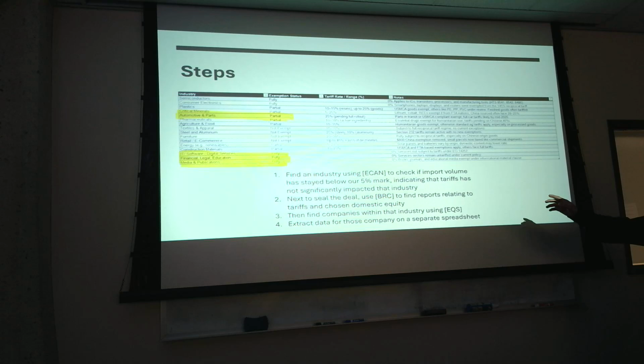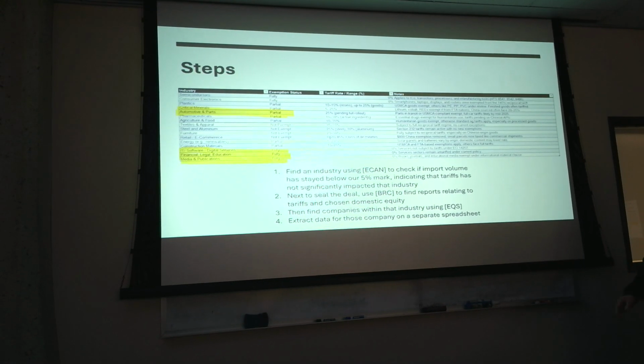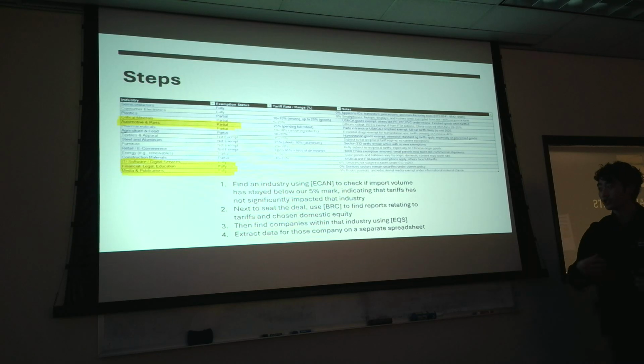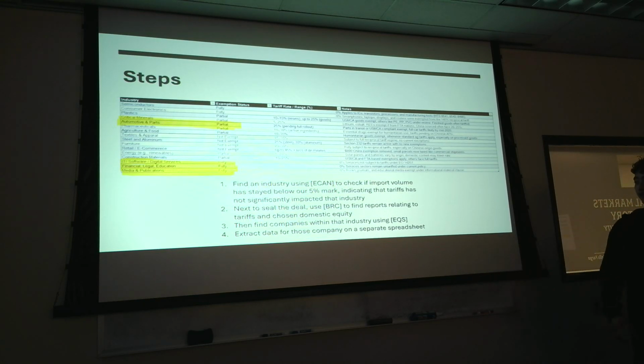Find an industry using ECAN and check if import volume has stayed below our 5% mark, either increase or decrease. From my general observations, it was mainly a decrease, and we'll use the percent change equation for that. Next, we're going to use BRC to find official reports regarding that company and type in keywords like tariff and that equity name as well.